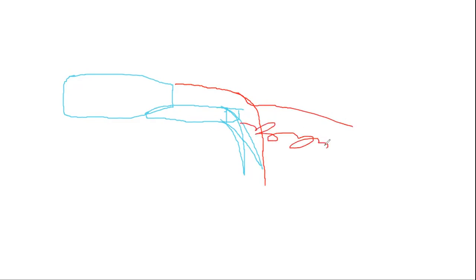And there is some turbulence, and lift decreases. To prevent this separation, they put small vortex generators. And this vortex generator increases the energy of the boundary layer and prevents this stall.